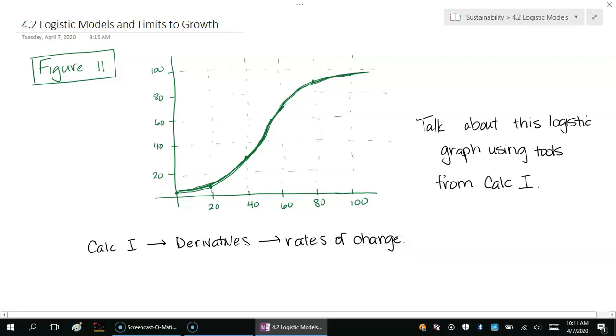And this section we've been talking about rates of change as well. We've been talking about growth rates.